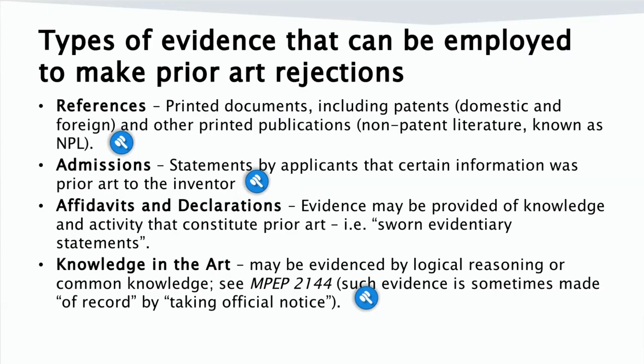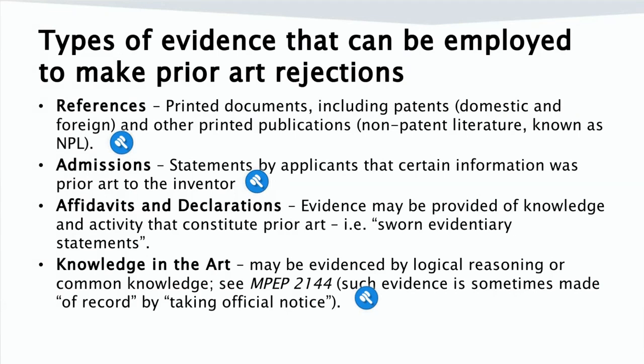The first group is U.S. patent documents, which include granted U.S. patents, U.S. patent application publications, which are also known as PG pubs, and certain publications of PCT, or Patent Cooperation Treaty, applications designating the United States. The second group is foreign patent documents, which includes granted foreign patents and published foreign patent applications.